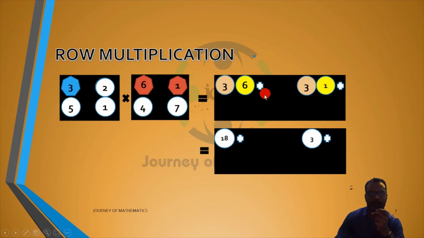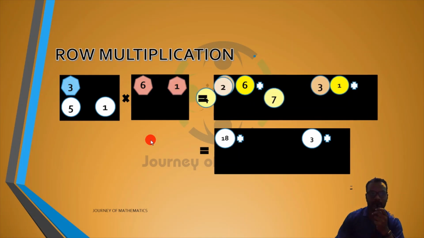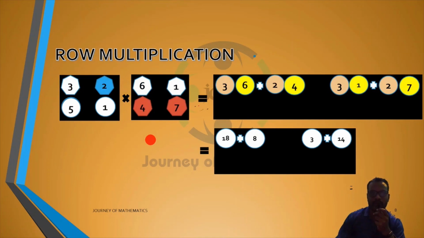To complete this multiplication, take the second element in the first row and multiply with the second row of the second matrix. So now I am going to multiply 2 with 4 and 7. With this multiplication, the complete first row multiplication is over.